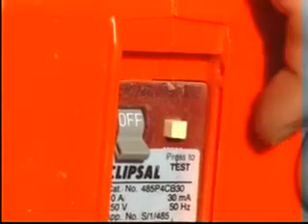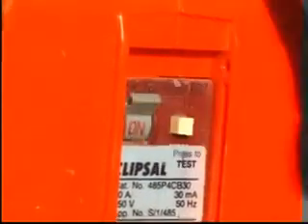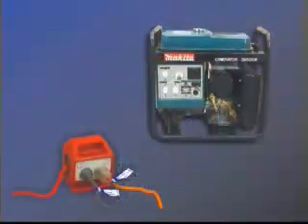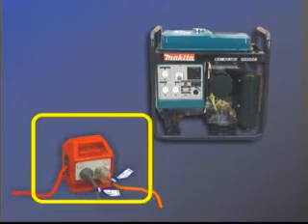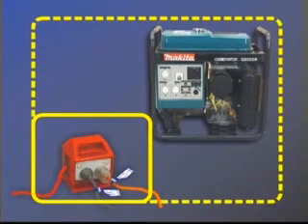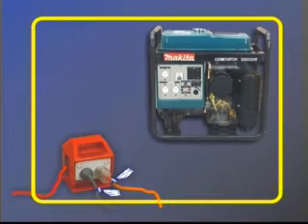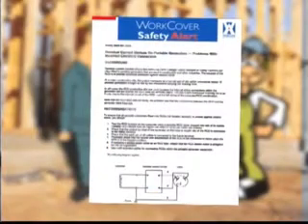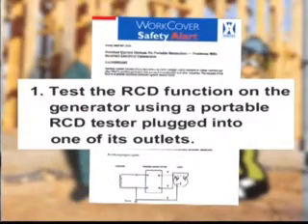It does not test the full wiring of the earth leakage device in conjunction with the generator. The residual current device and the generator must be checked in combination. Authorities recommend using a special purpose RCD test unit to ensure the residual current device will function safely in combination with the generator.